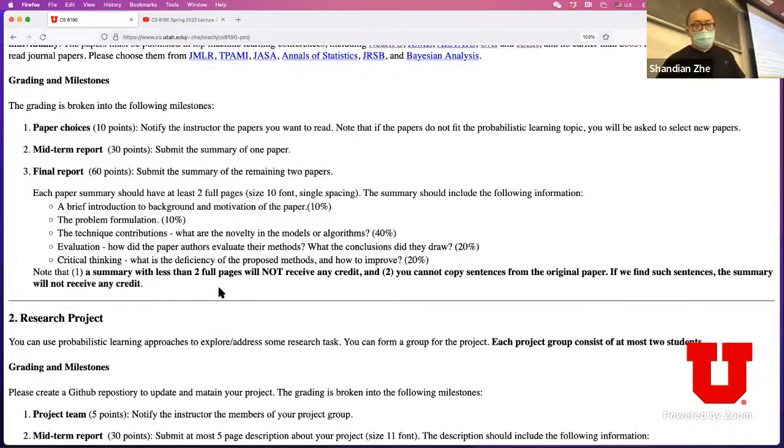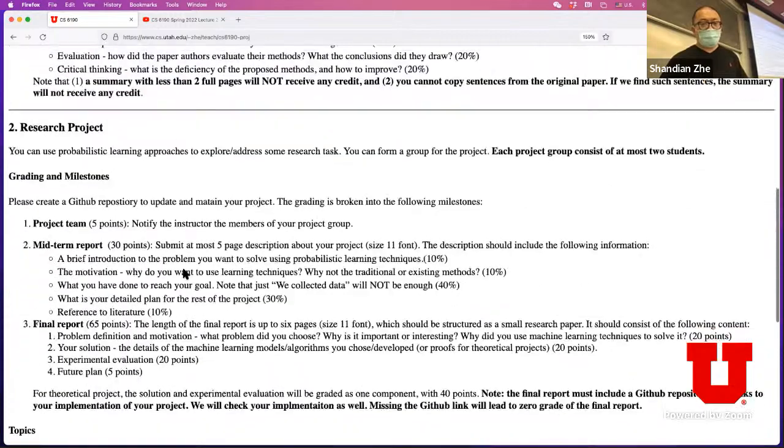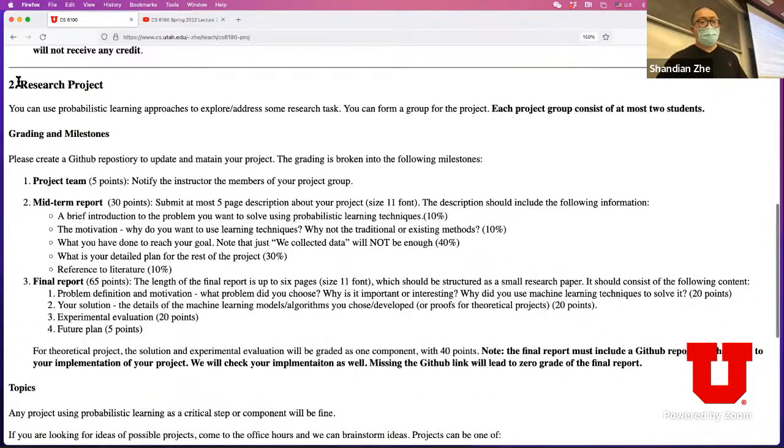Okay, perfect. So now let us talk about the research project. I think most of you might choose a research project. This is my previous experience. For a research project, you can use probabilistic learning approaches to explore or address any research task, right?